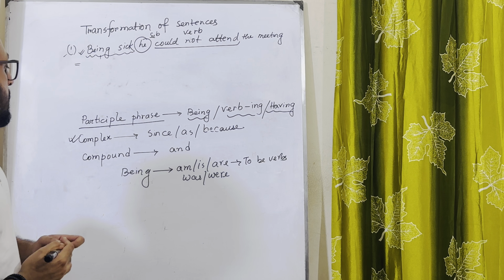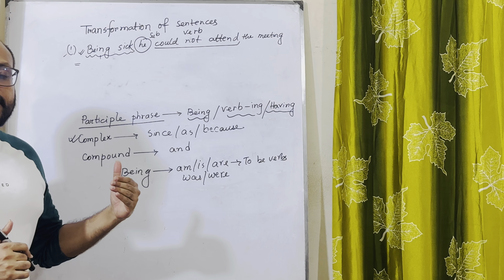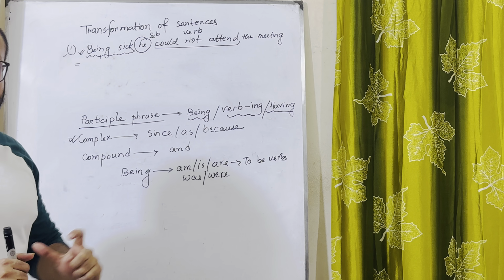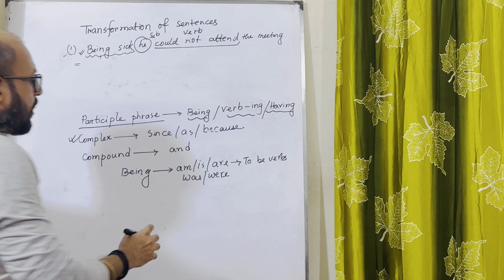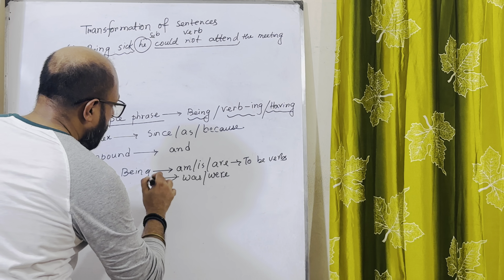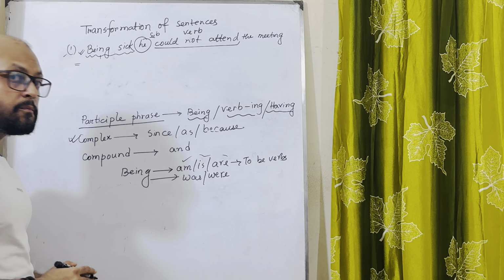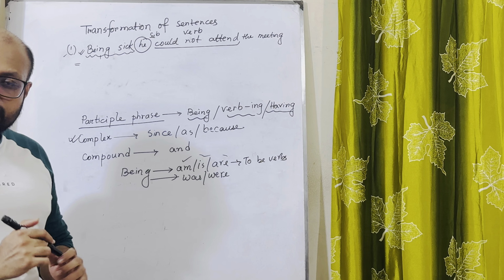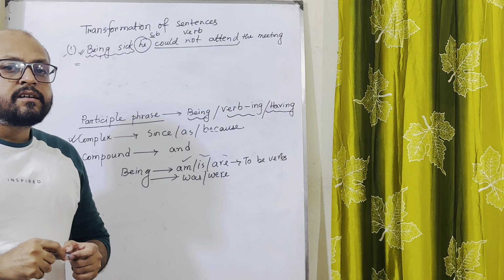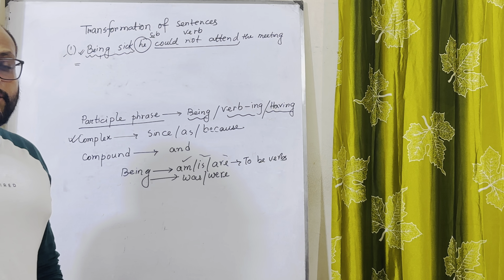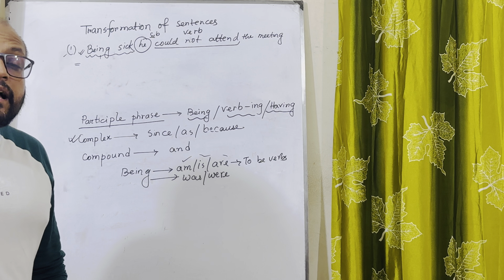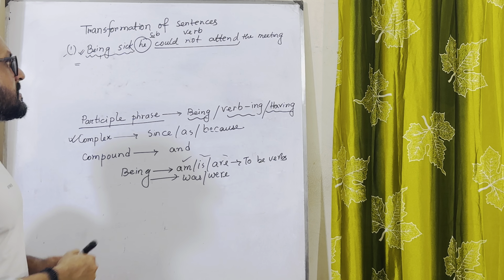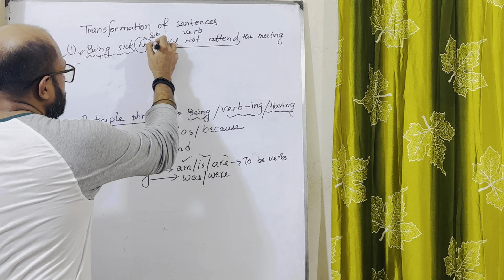Our target is to convert this non-finite verb into a finite verb. The finite form of being is am, is, are, or was, were, depending on the tense. How can you recognize the tense? Remember one thing, the main verb or the finite verb will guide us to understand the tense of the sentence. Look at the structure.